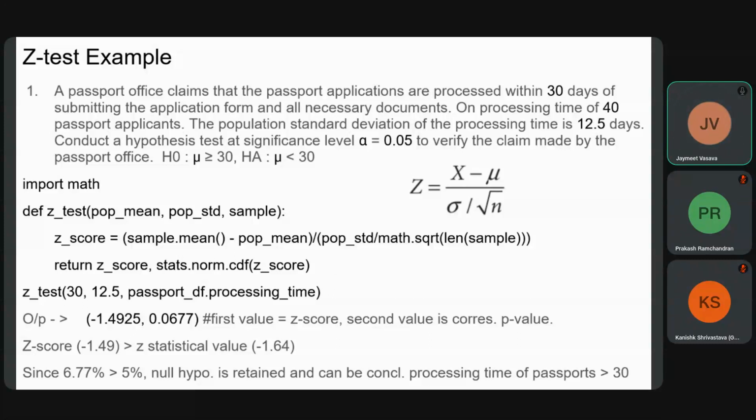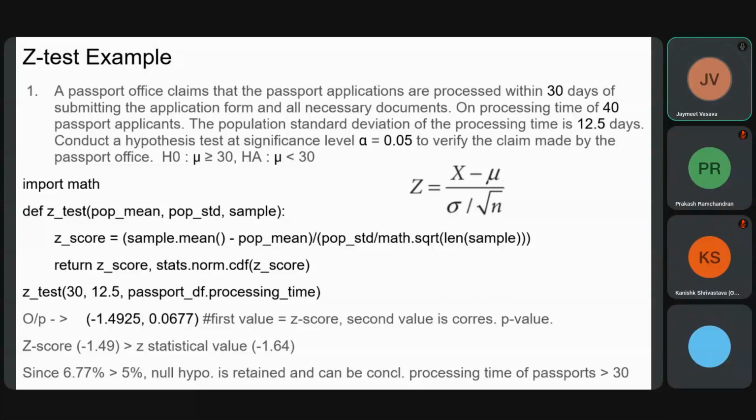Then we implement the formula for the Z score that we stated before, and you can see that on the screen right now. So we are simply implementing the Z score and then returning the value of the Z score, and also using the stats.norm for normal distribution for the cumulative distribution function on the Z score.